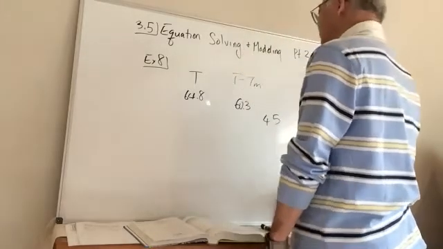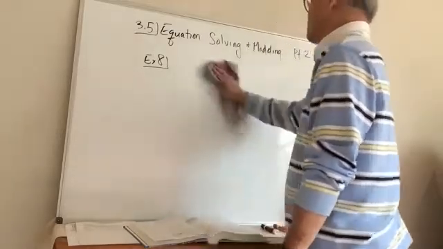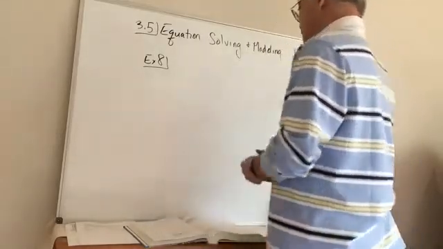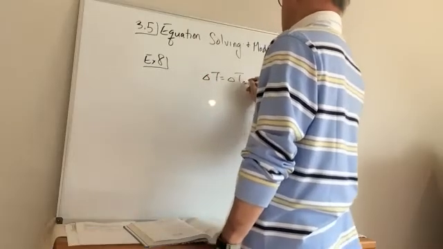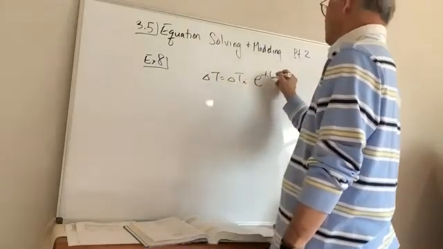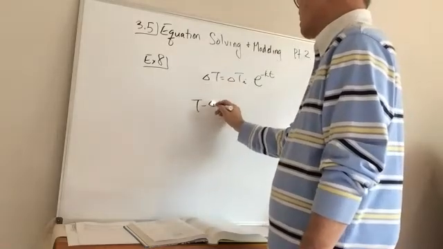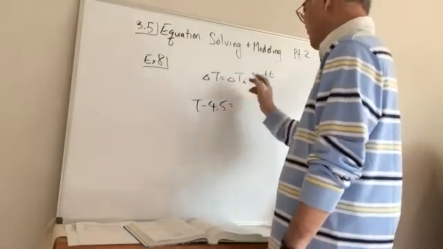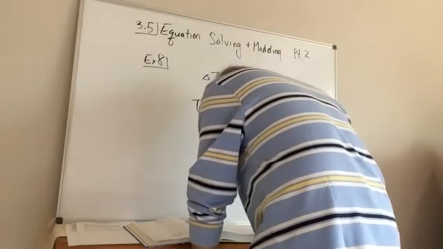So they want to know the equation. The equation was delta T equals delta Ti times e to the negative kt. So we had the temperature minus 4.5. What was the initial temperature? Does it give us the initial temperature?